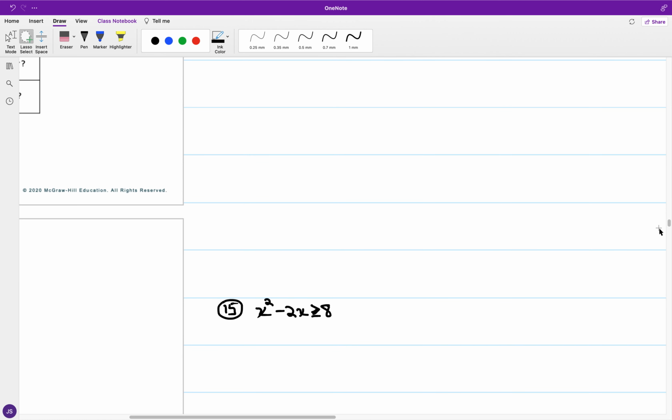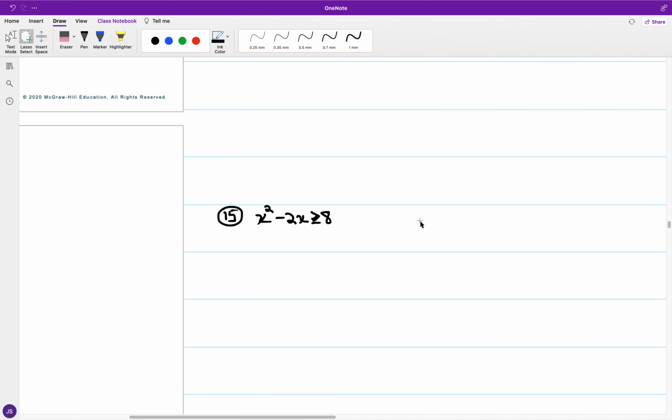So I have this inequality statement, and as we have done before, I can translate to what we have as a comparison to zero item. So what I can do here is move the 8 over to the left and say that we have x squared minus 2x minus 8 is greater than or equal to 0, and this would just set the stage up for the case where f of x is greater than or equal to 0.